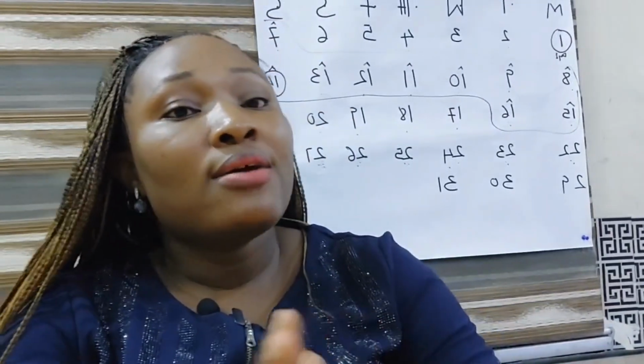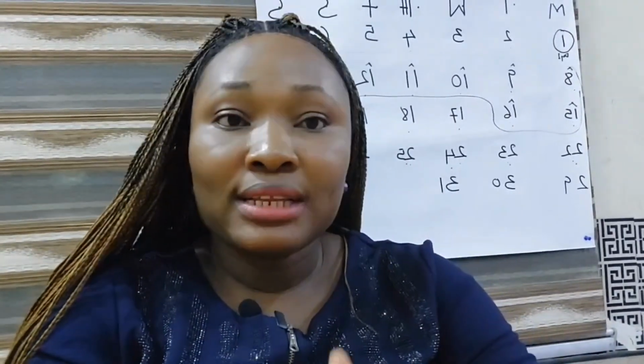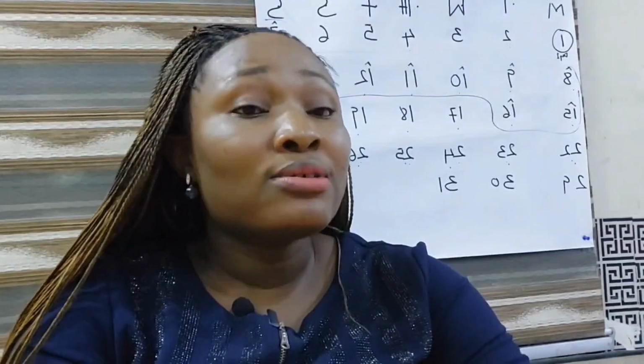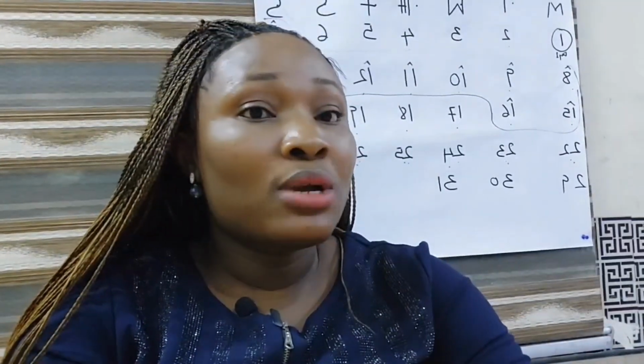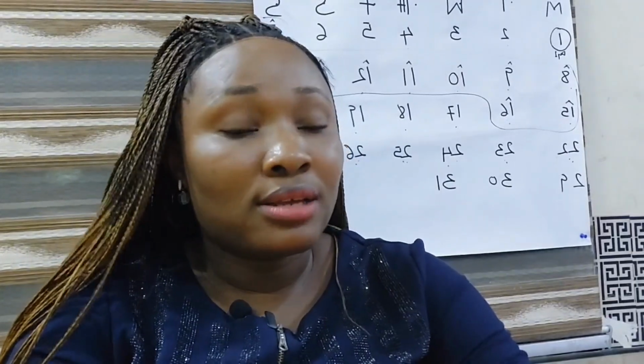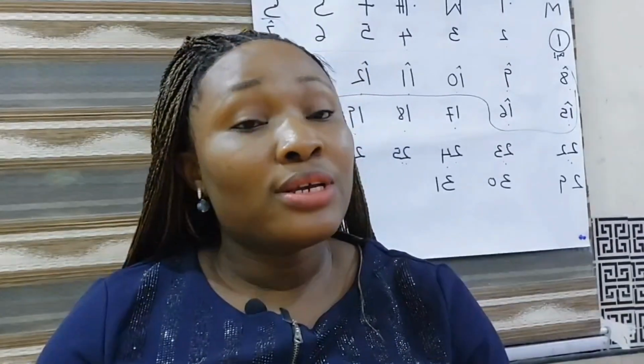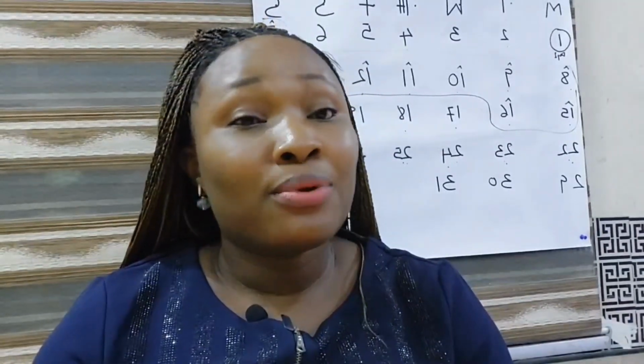Right now let us get into the symptoms. Having known this, there are also other symptoms that will guide you in pinpointing and saying, yes, truly this is what it is. So what are the symptoms of ovulation? Firstly is an increase in basal body temperature. Basal body temperature is the temperature of your body when the body is at rest. This is best gotten from your early morning temperature, just before you get up from sleep.